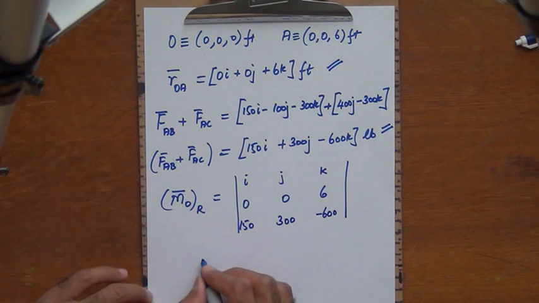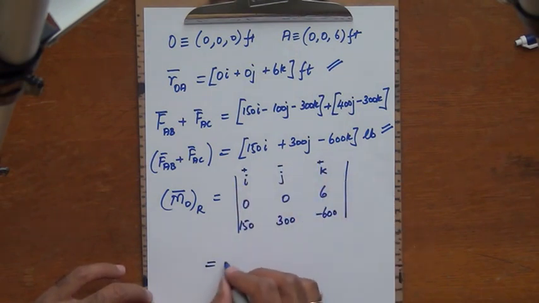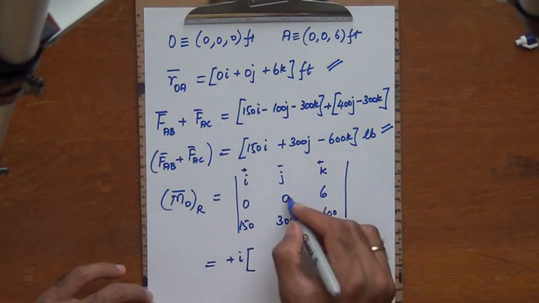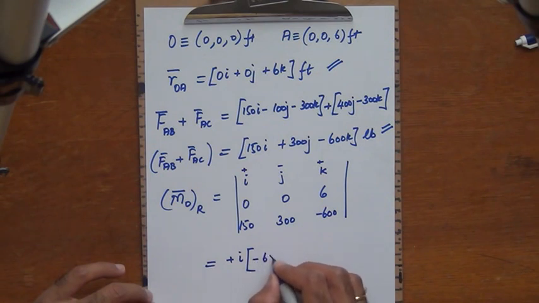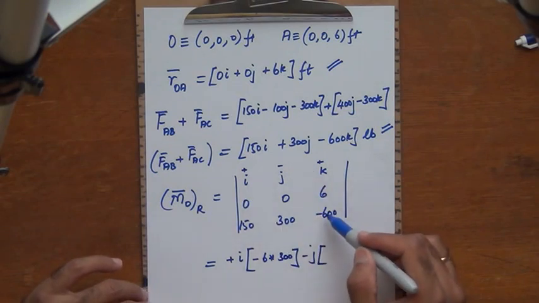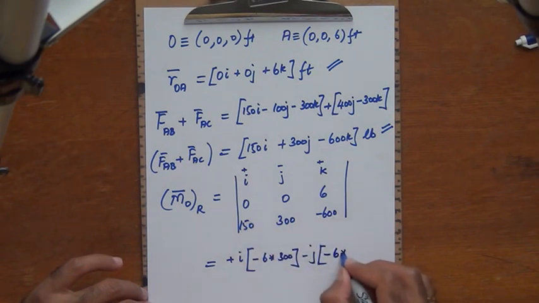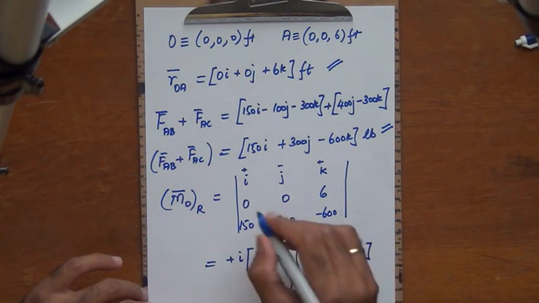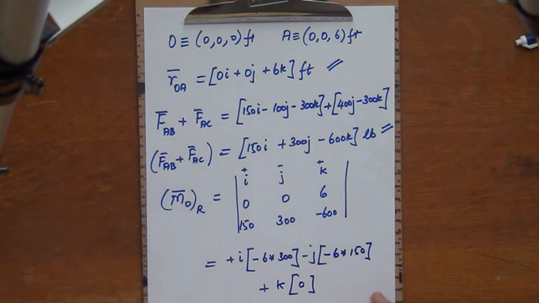Computing the moment here by putting the alternating plus and minus signs, this is going to be plus i times 0 times minus 600 minus 6 times 300, so that's minus 6 times 300, and then I have a minus j times the product of 0 times minus 600 is 0, minus 6 times 150, so that's minus 6 times 150, plus k times 0 times 300, 0 times 150, that's one big 0 there.